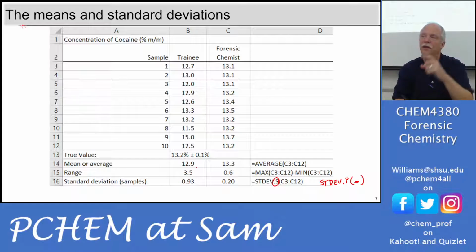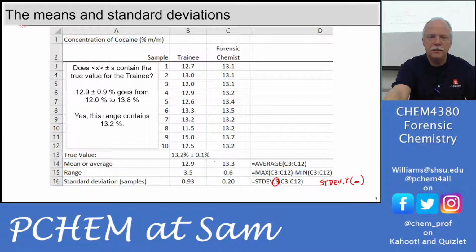So that's a way that you could say, well, they're accurate. It's within their error bars, but their precision isn't what we'd like compared to the forensic chemist. But they are getting the true value within their error bars. It'd be nice to tighten up their analysis, though. So the range contains 13.2. So we would say that the trainee sort of captured the true value with their analysis.